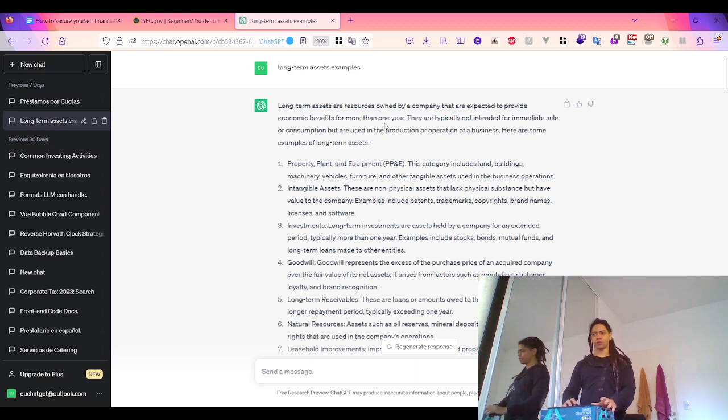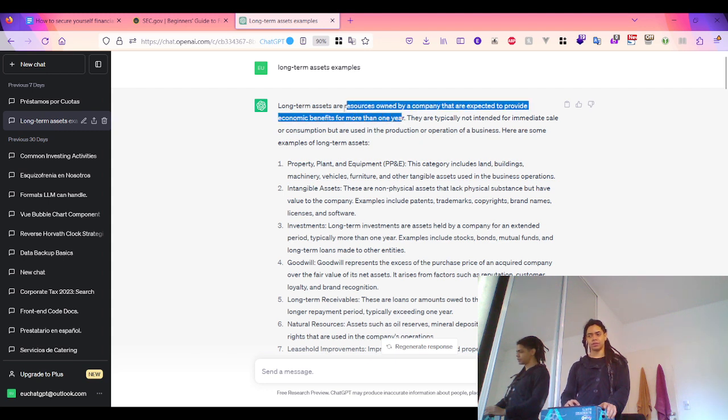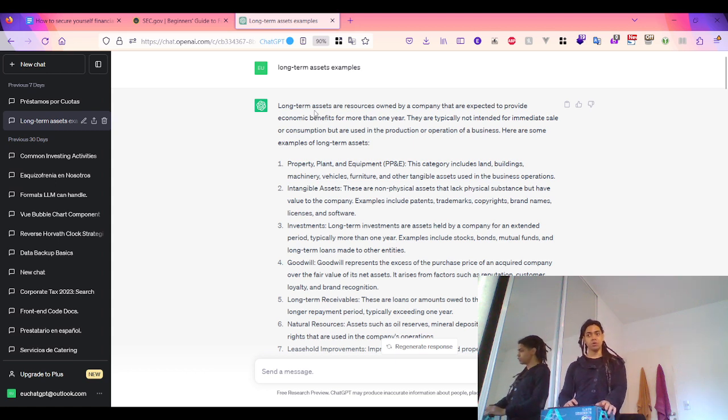So, after all, I just want to know what is the meaning of long-term assets. It's a resource owned by a company that is expected to provide economic benefit for more than a year. So when you talk about long-term assets, it's an expected asset or resource that you own that is expected to provide economic benefits for more than a year.